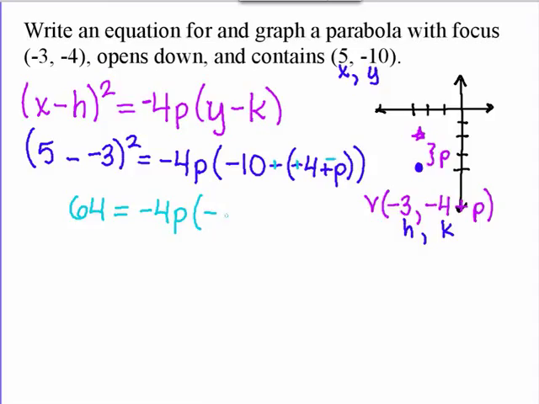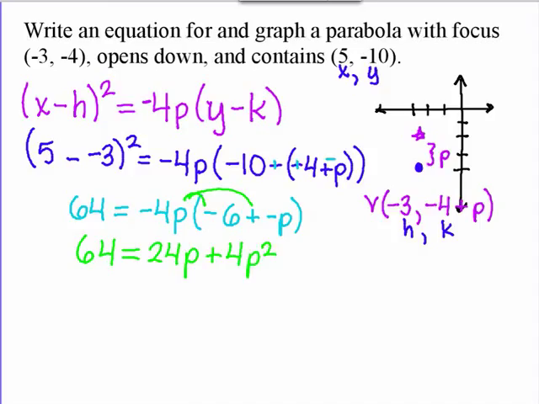Negative 6 plus -p. So now in my next step, I'm going to distribute that -4p to each. So I end up with 64 equals 24p plus 4p squared. Now you're probably wondering where the negatives went. Well, you multiply negative by negative, you get a positive.